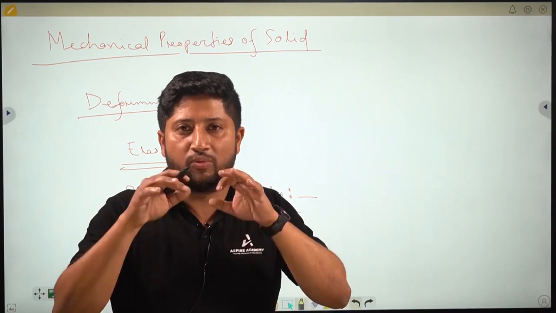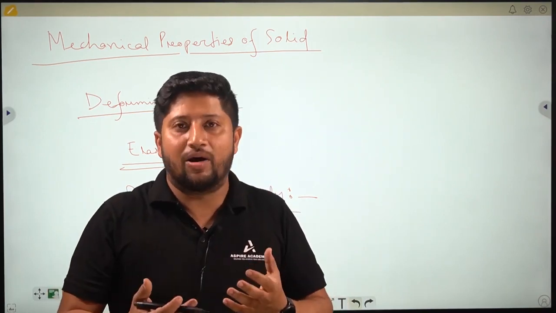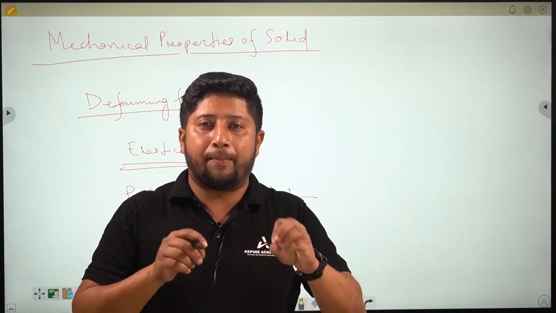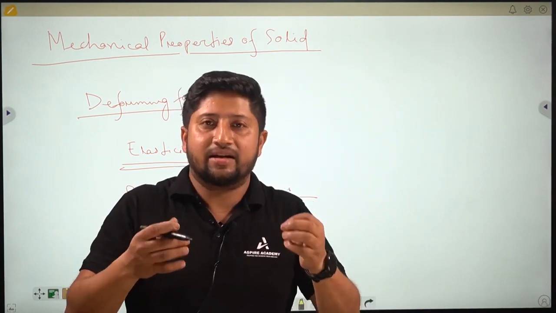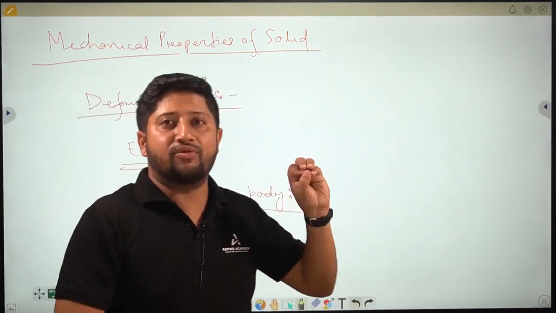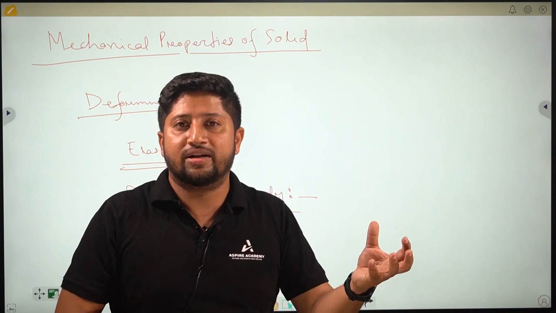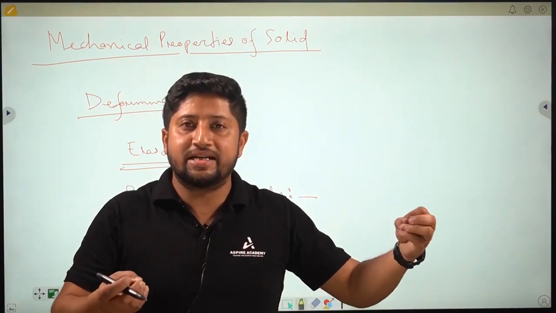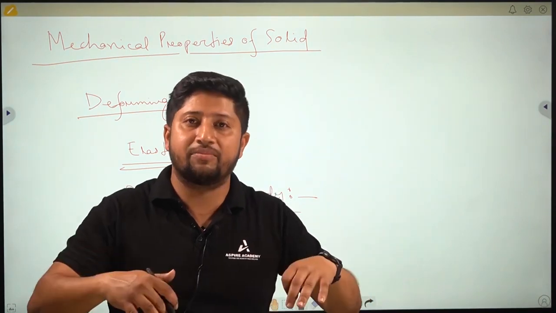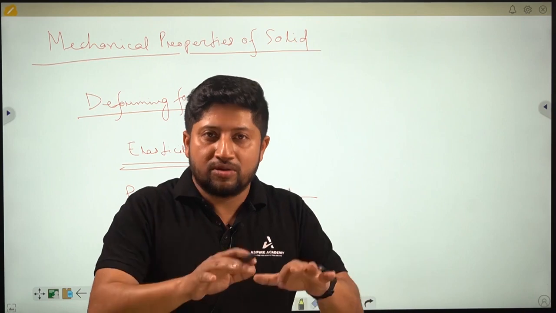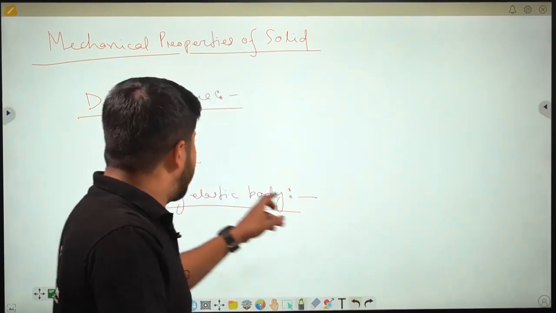This force is termed deforming force. And elasticity: if we apply a deforming force, the body can change its shape and size, and after removal of this deforming force, the body regains its original shape and size. This is called elasticity.